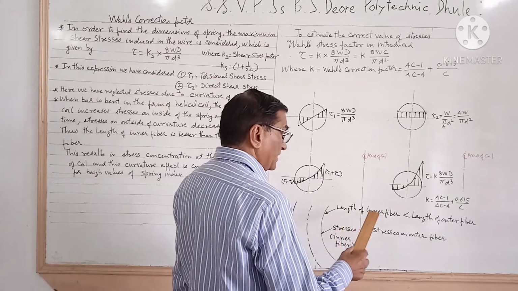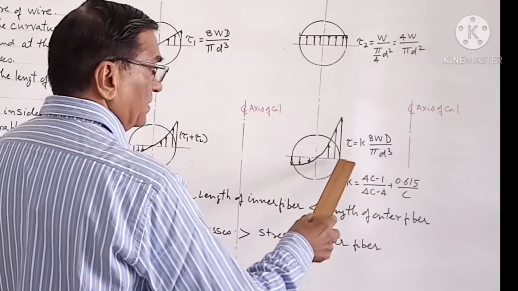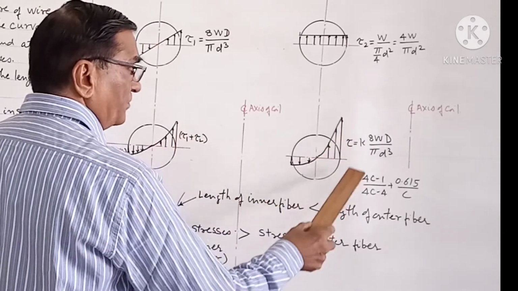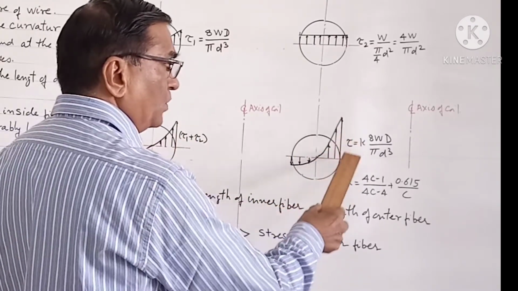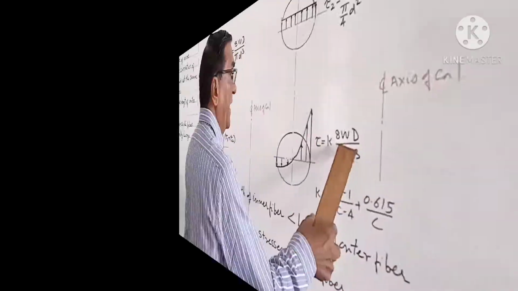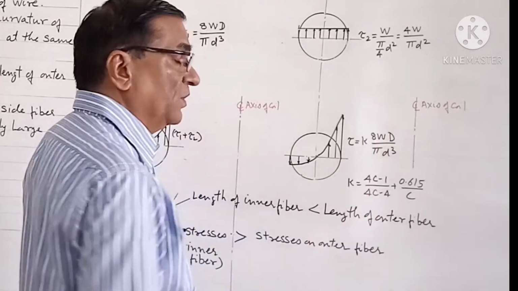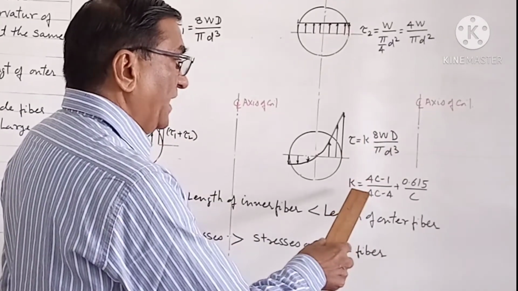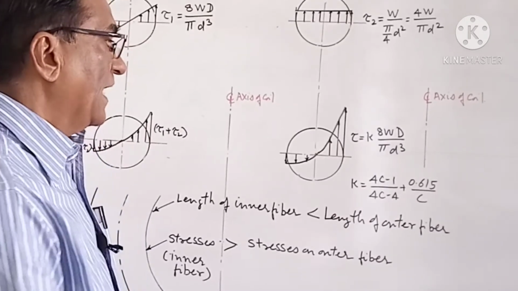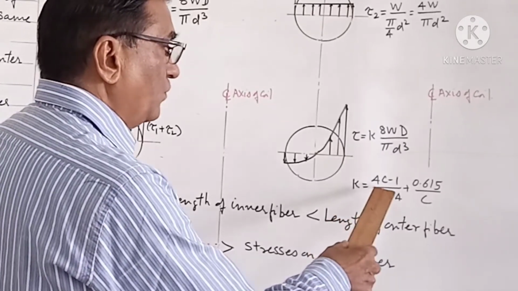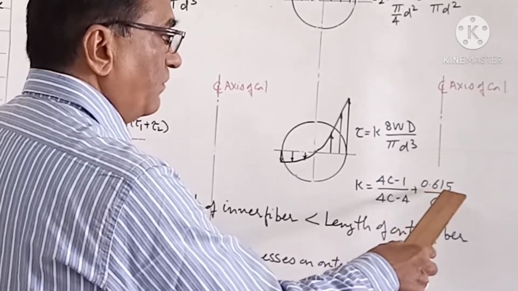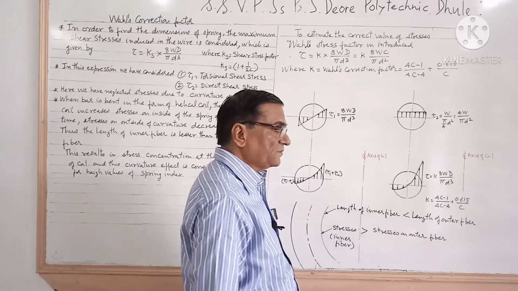So introducing that factor, the stresses will be more than this tau 1 plus tau 2, and the total stress in that case, if we consider the effect of curvature, is given by K into 8WD upon pi d cube, where K is the Wahl's correction factor introduced by the scientist Wahl, and whose value is given by 4C minus 1 upon 4C minus 4 plus 0.615 upon C.